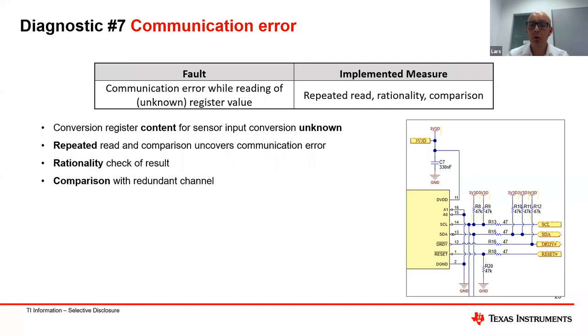So what can you do to make sure this is really what's expected? You can first do a repeated read. You can read 3 times, 5 times, do a majority voting. Then you can do a rationality check of the result. Does it really make sense? Can your loop jump from 4 milliamp to 20 milliamp within one conversion cycle? Is this possible? This is what you need to answer. And of course, the most important is the comparison with the redundant channel, right?